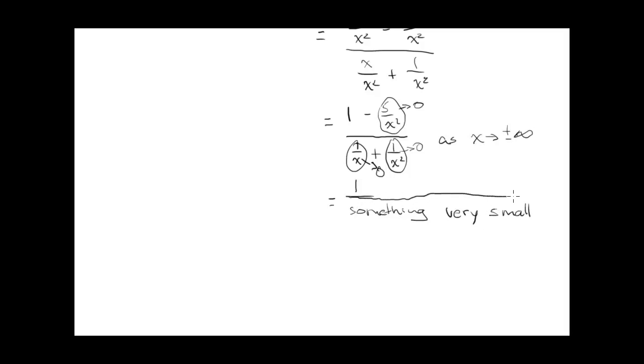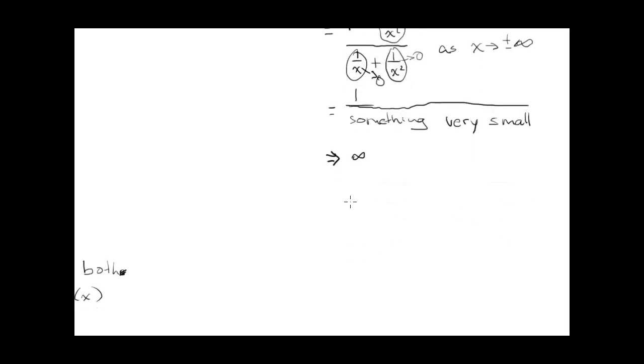Well, the smaller you make the denominator, the bigger that quantity is going to get. So it's actually going to approach as big as you can get, which would be infinity. So as x approaches plus or minus infinity, y goes to infinity, or minus infinity, depending on the sign. But those are your three cases.